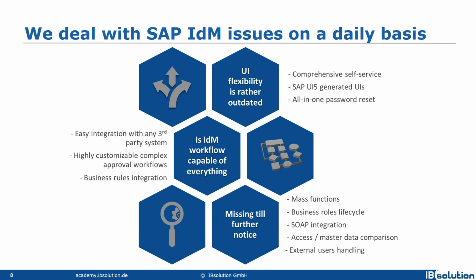And so far there were some features which we either couldn't find or they're very well hidden into the infrastructure of the identity management, and those are, for example, any kind of mass functions which are, let's say, you would like to massively give permissions to 100 users because they change their role or they merge into another company or whatever, for whatever reason.